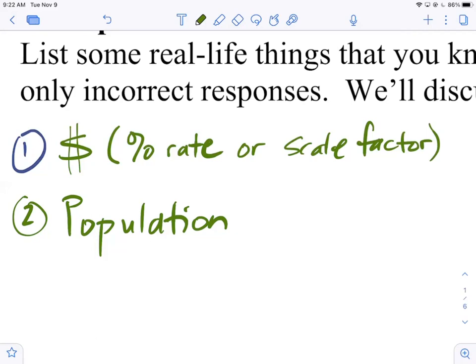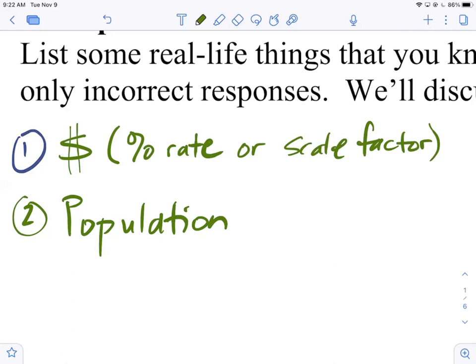Just think of something as simple as the population of cells, like in mitosis, right? What happens in mitosis? One cell becomes two, two becomes... Well, remember how mitosis works. The cells split. We went through that, I know.